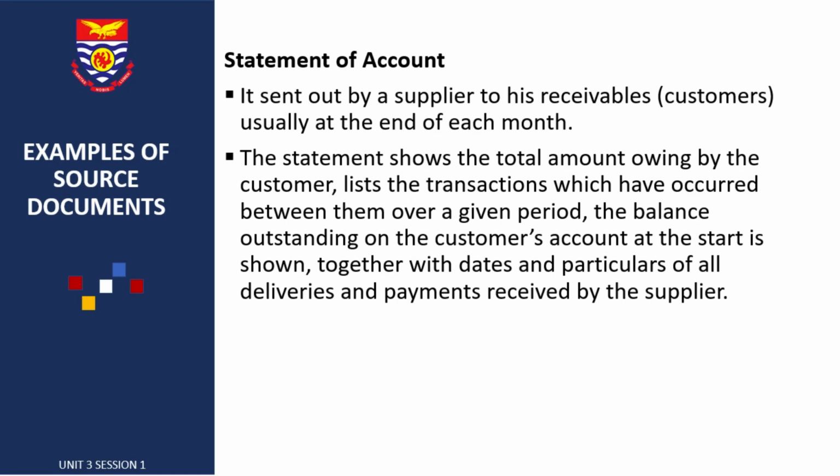It is sent out by a supplier to his receivables, that is customers, usually at the end of the month. The statement shows the total amount owing by the customer. It lists the transactions which have occurred between them over a given period. The balance outstanding on the customer account at the start is shown, together with dates and particulars of all deliveries and payment received by the supplier.